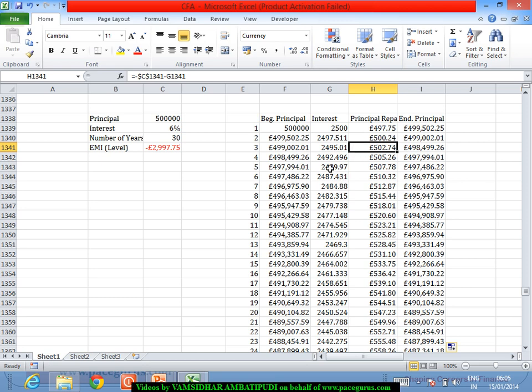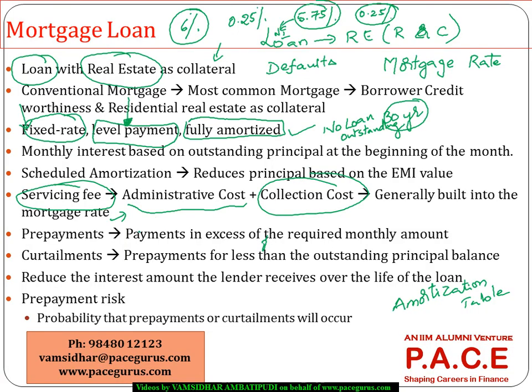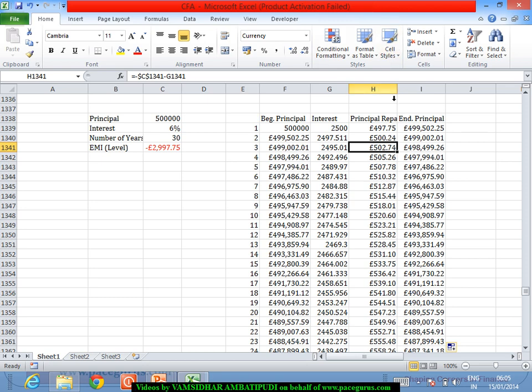Now, here the lender is exposed very heavily to this prepayment risk, which means the borrower can make an early repayment of the loan. See, logically, early repayment is more to do with the principal part.